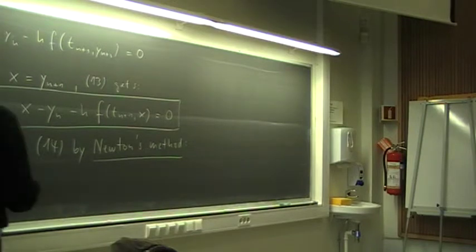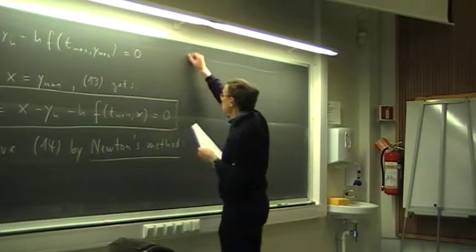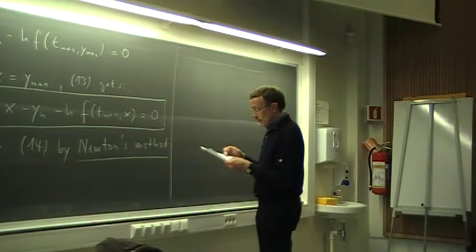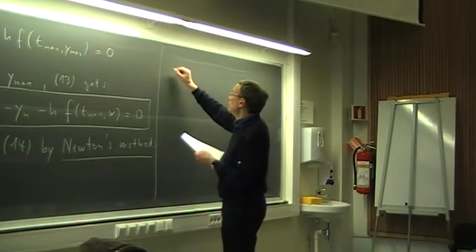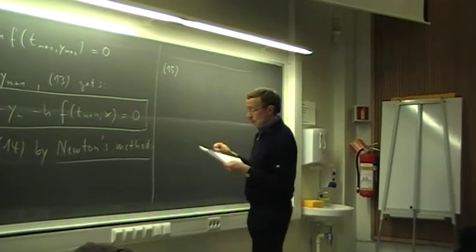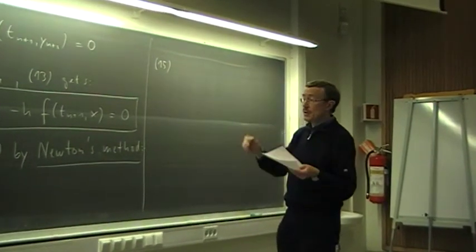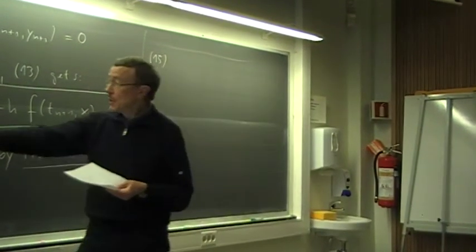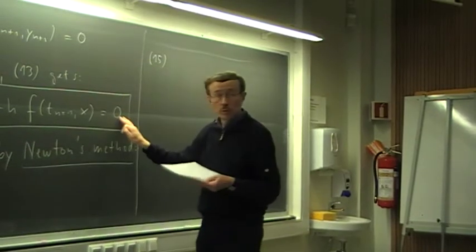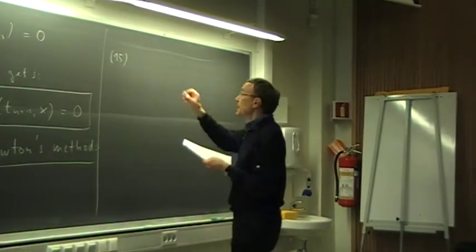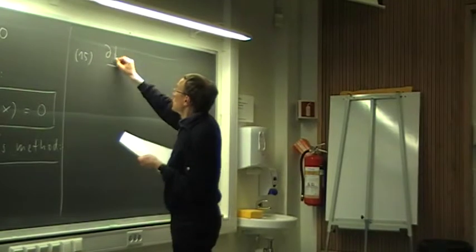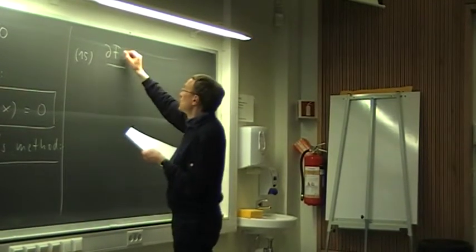So then, if we do it by Newton's method, then we would get the following. We would solve it as an equation f of x equal to 0, and then we would get the derivative.